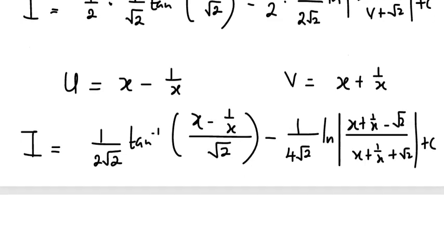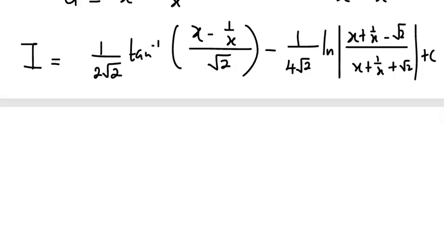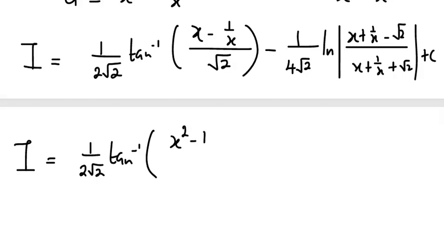But we need to do further simplifications, right? So here, simplifying, we get I is equal to 1 over 2 root of 2 multiplied by the inverse tangent of, multiplying the numerator and the denominator by x, x squared minus 1 divided by x root of 2.